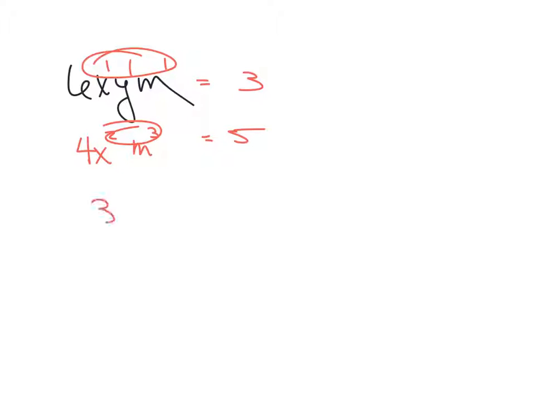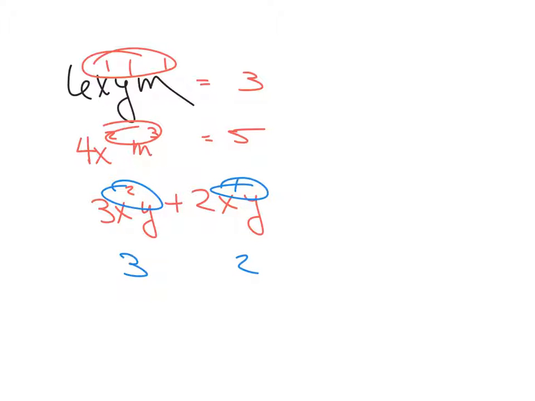So if I have 3x squared y plus 2xy, this one has a degree of 3. This one has a degree of 2 because there's a 1 and a 1 there. Alright, the degree of a polynomial. The degree of a polynomial is what is the degree of the entire kit and caboodle here.